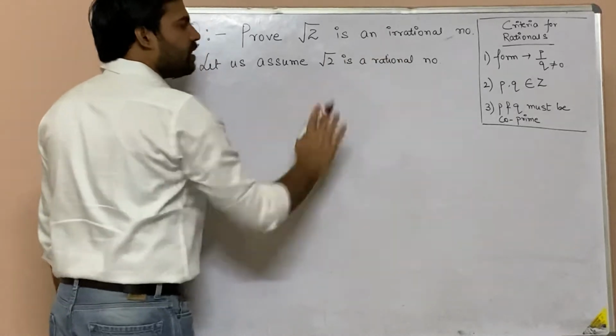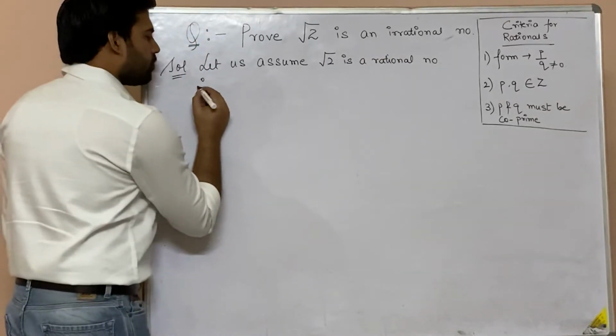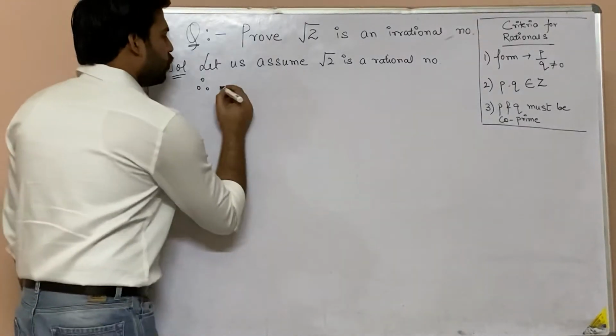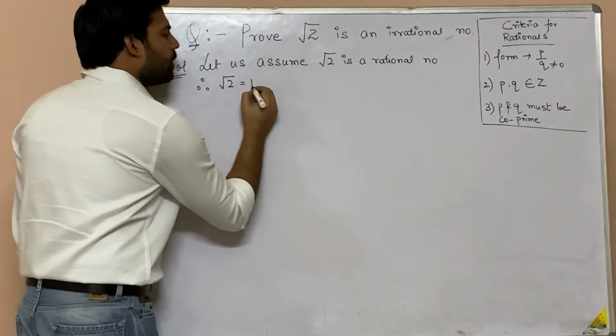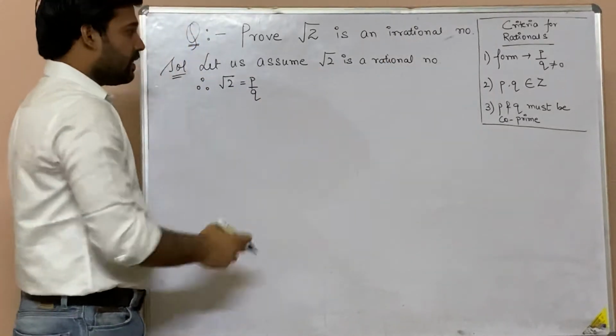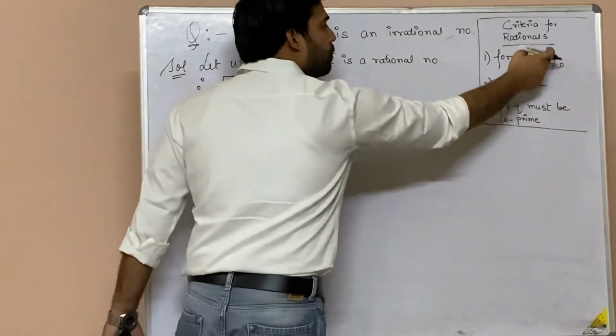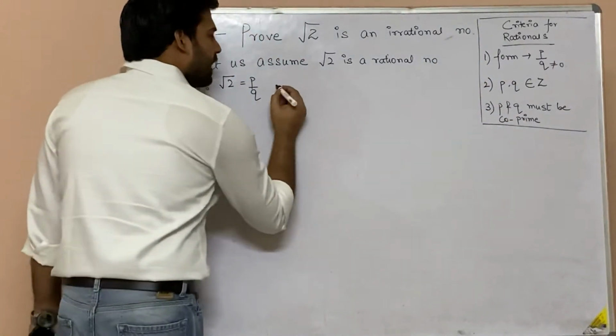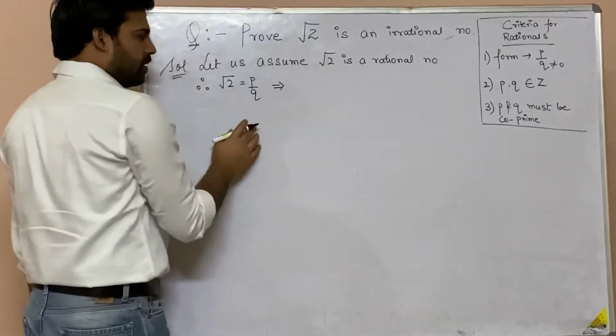Let us assume root 2 is a rational number. So therefore, I am starting it like that. Root 2 should be in the form of p upon q, because if you are saying this is a rational number, then this must be represented in the form p upon q. Clear? That implies what?